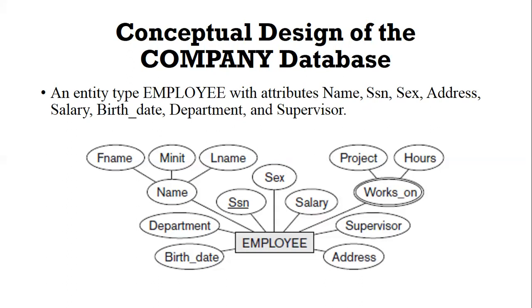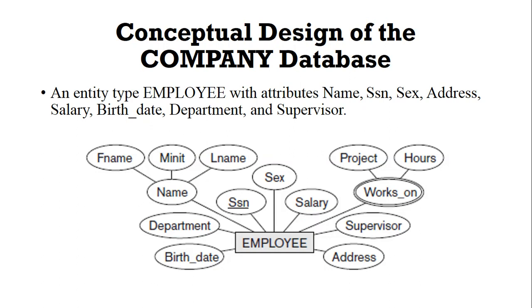Here employee is the entity type, which has several attributes such as name and SSN. SSN means some specific serial number or an ID given to that particular name. Then sex, address, salary, birth date, department, and supervisor. You can see here, works on has been mentioned as a multi-valued attribute.